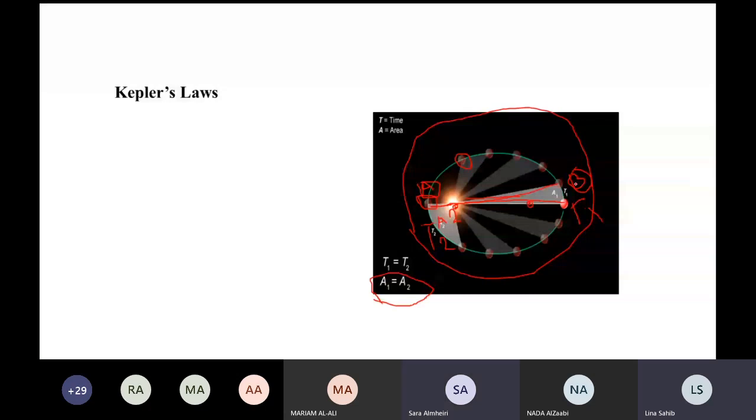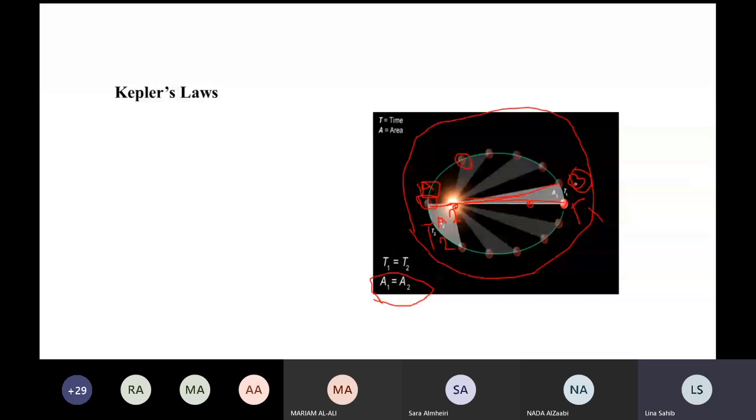Inversely proportional. Meaning one of them is more, the other factor is less. Inversely. Short distance, more force.